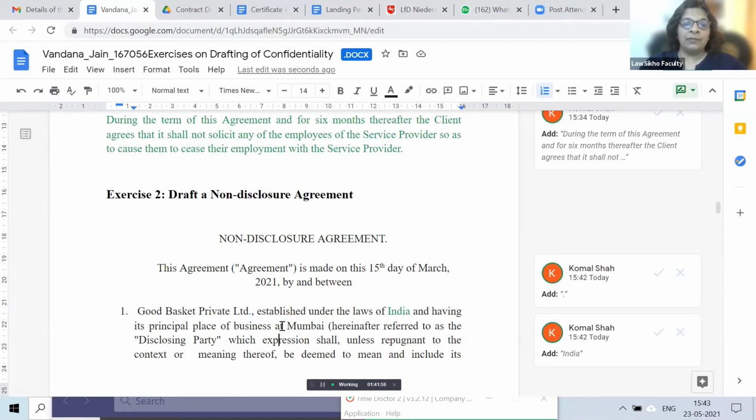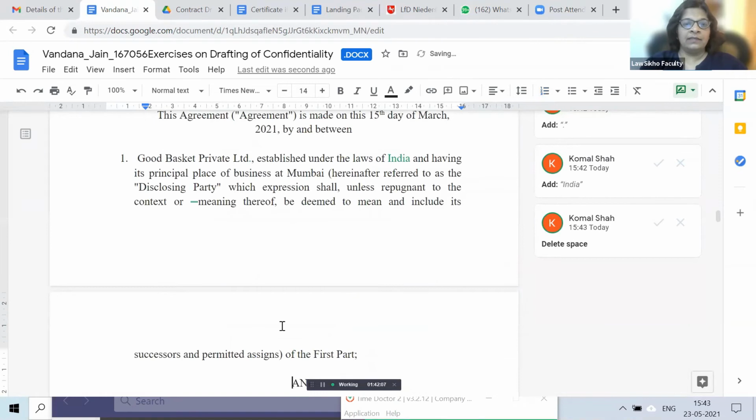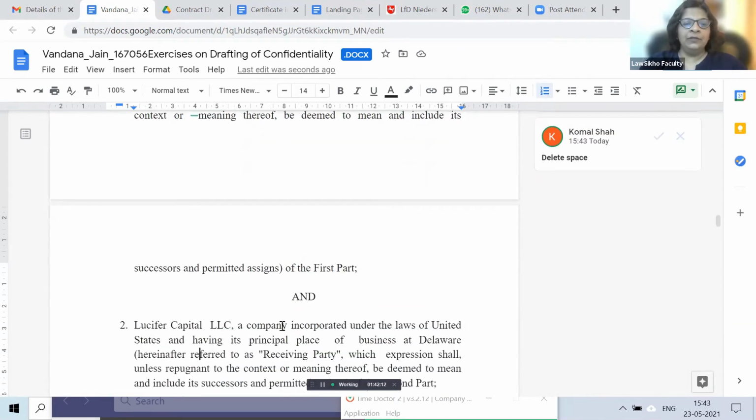As the disclosing party, which shall, unless repugnant to the context or meaning thereof, be deemed to mean and include its successors and permitted assigns of the first part, and Lucifer Capital LLC, a company incorporated under the laws of United States. This is now interesting.